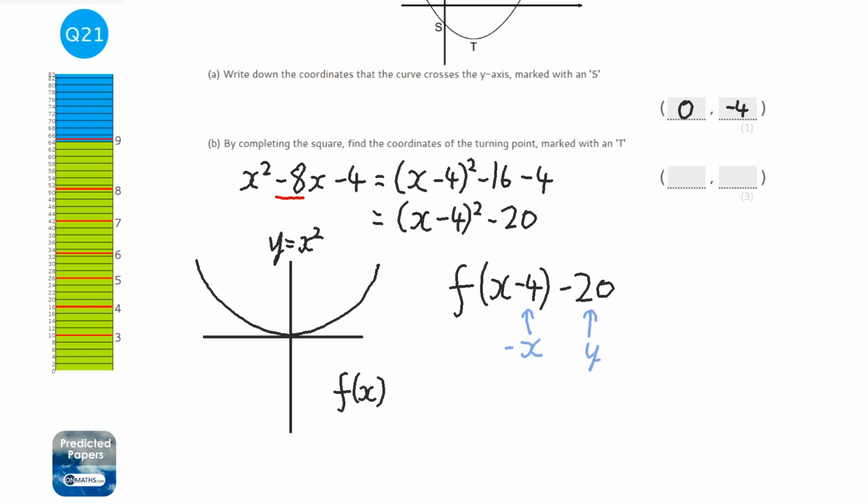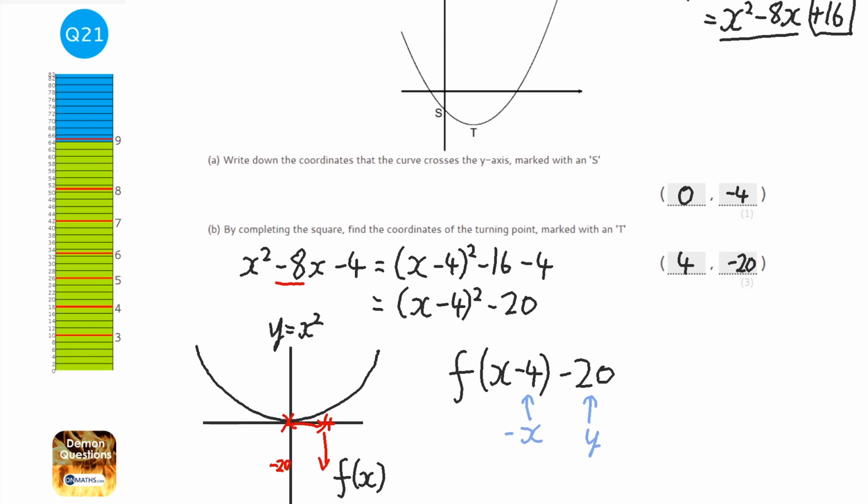So the minimum point on y equals x squared is 0, 0. And we're moving to the right 4, and then we're moving down 20. So it'd be -20. So the new point will be at 4, -20, and that's going to be the point T.